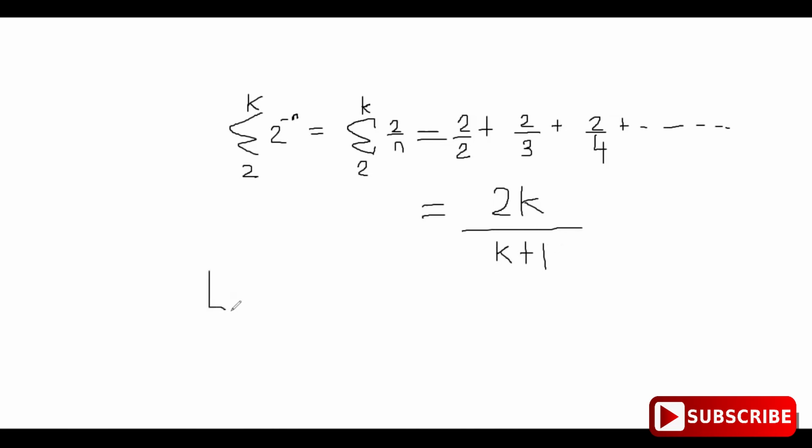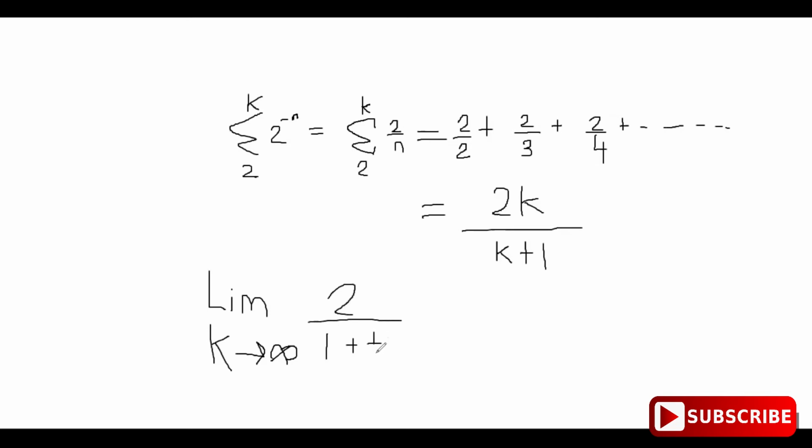The limit over infinity plus 1. Sir, does this look like it diverges? No, it doesn't diverge. When you see something like this, divide through by the highest power of k. So it'll be 2 over 1 plus 1 over k.